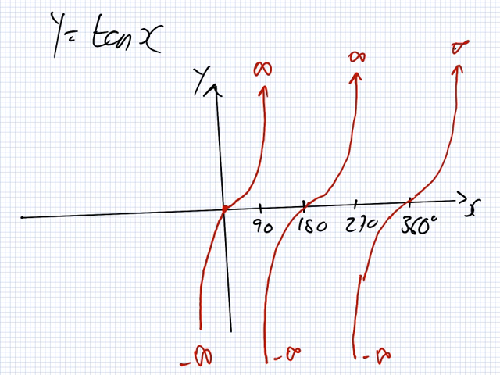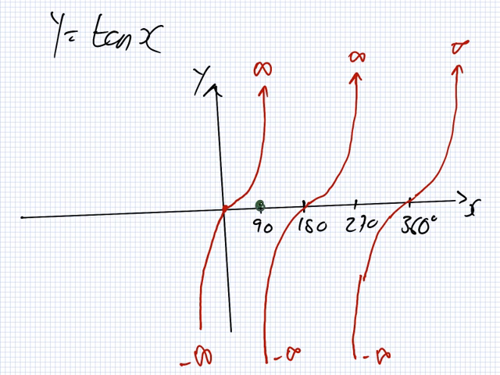So the tan graph has these what are called asymptotes, but you don't need to know that. They're these vertical lines. Now they're not lines, there is a bit of a curve. They're a little bit like a cubic, kind of has this cubic shape to them. But the big difference is that they shoot up to infinity and minus infinity at key points.